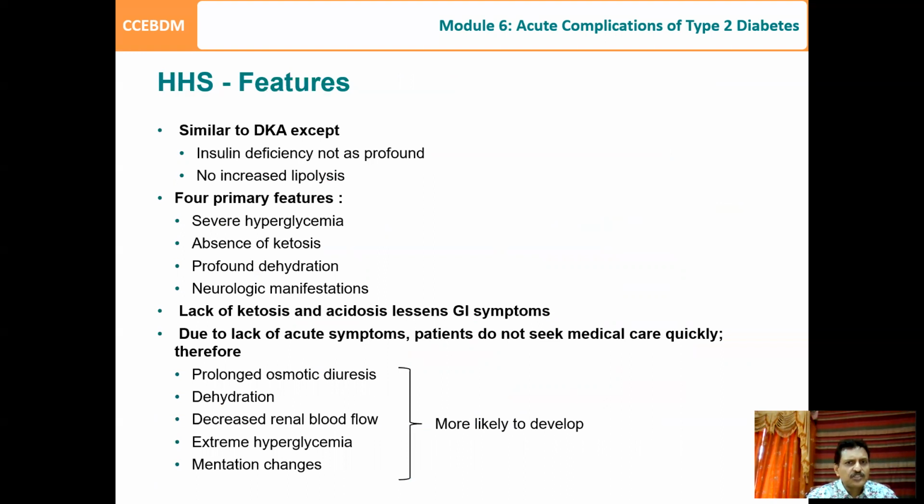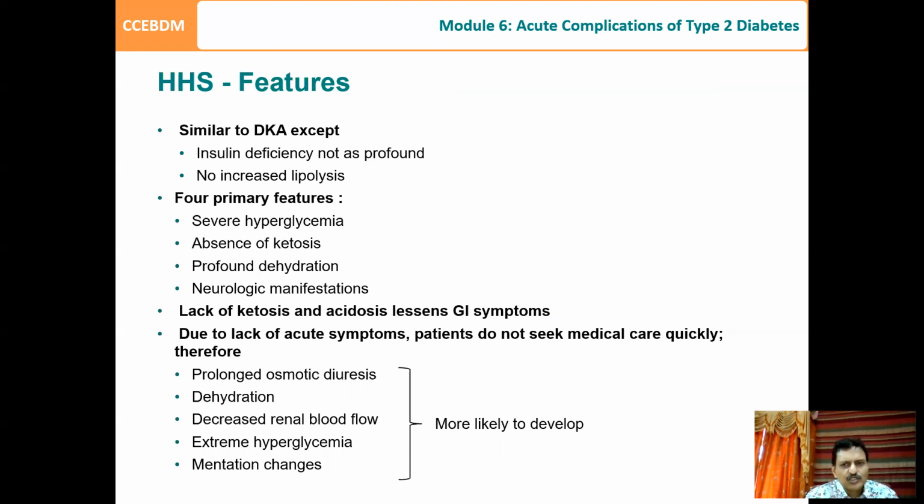So insulin deficiency is not profound. There is no increase in lipolysis, but there is severe hyperglycemia, and the ketosis is not there. There is profound dehydration, and the most important presentation is a neurologic manifestation. Lack of ketosis and acidosis is associated with no or minimal GI symptoms, because GI symptoms develop because of acidosis.